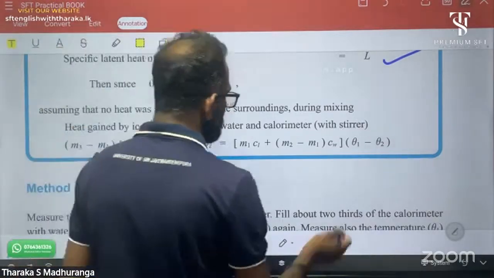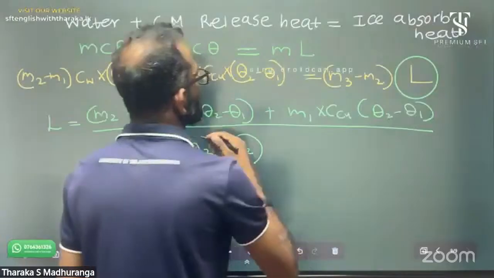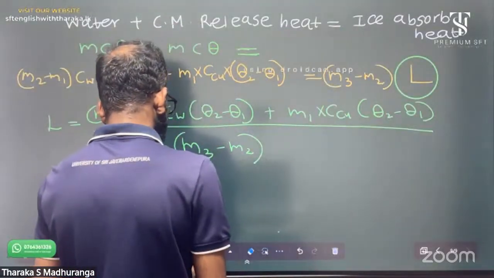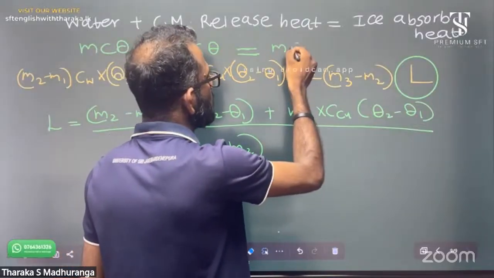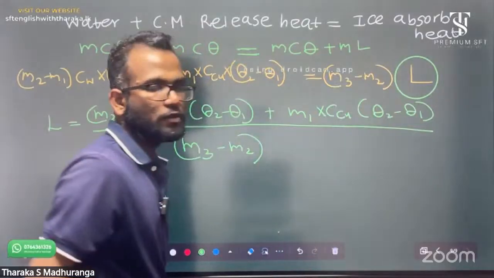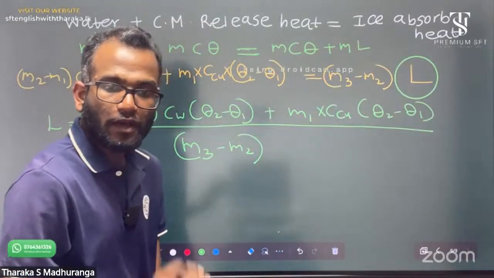Sorry, we can also add mc theta for the water as well. Mc theta for the water plus mc theta for the calorimeter. Yeah, that's the best way, because ice is not at perfectly zero.